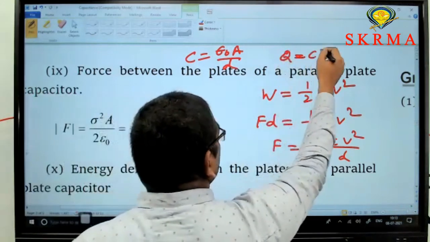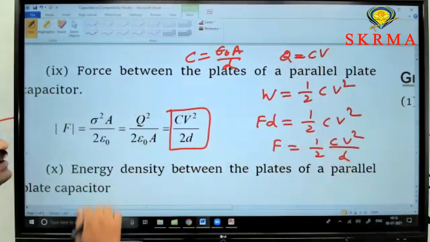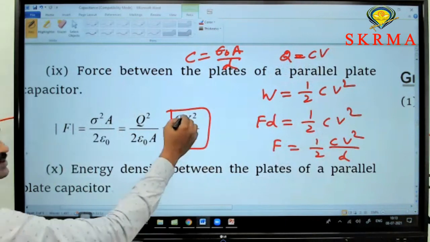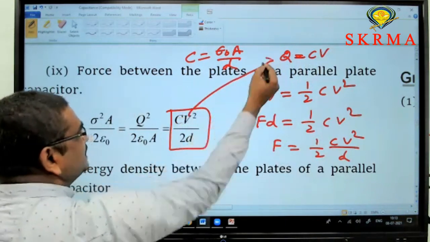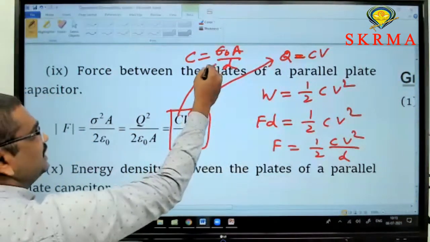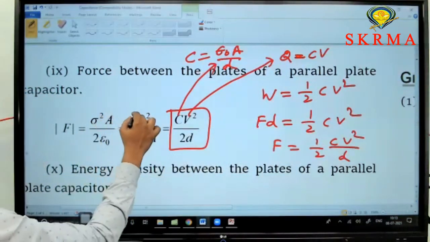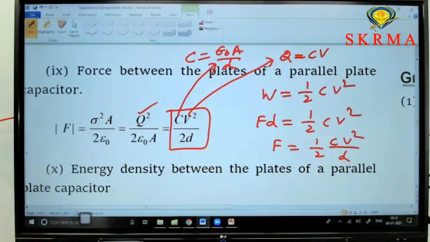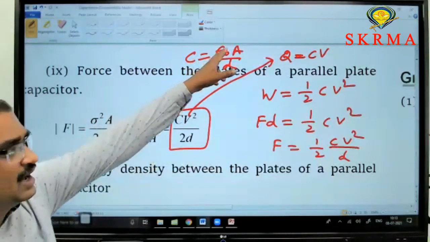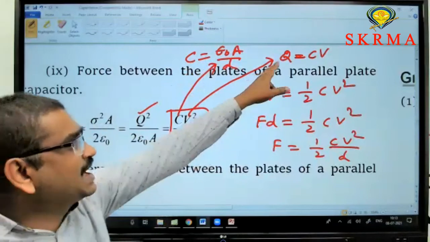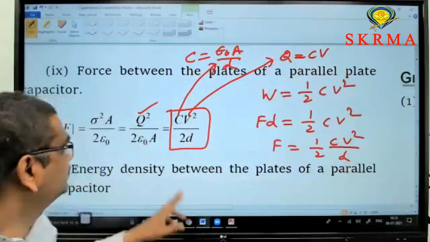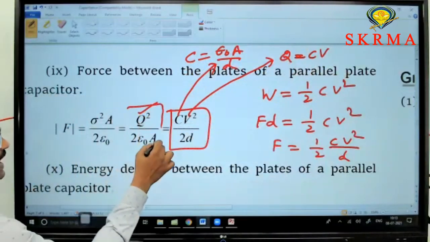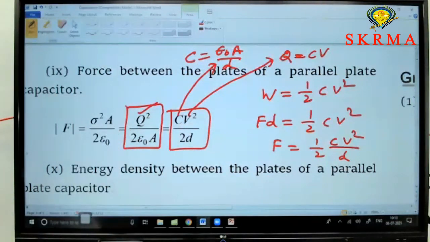From Q equal to CV, substitute the V value. Substitute the C value from epsilon naught A by D, and the V value from Q equal to CV, then you will get force as Q square by 2 epsilon naught A.